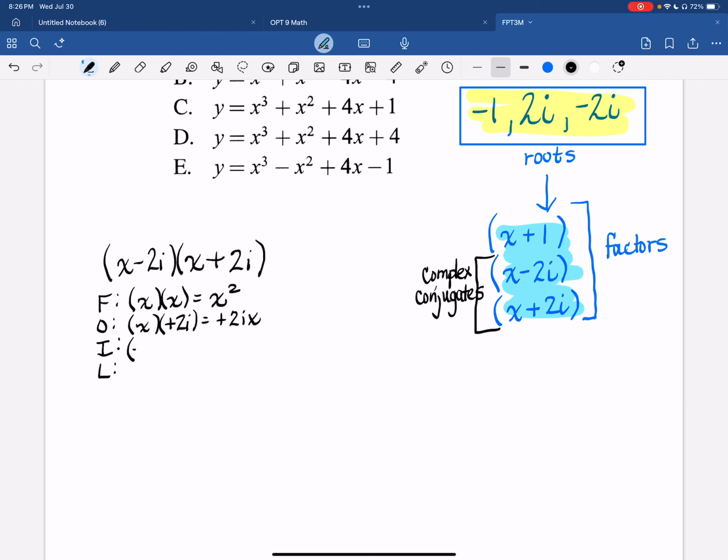Inside terms would be negative 2i times x, and that's negative 2ix. And then last terms would be negative 2i times positive 2i. So that's going to be a negative 4i squared.